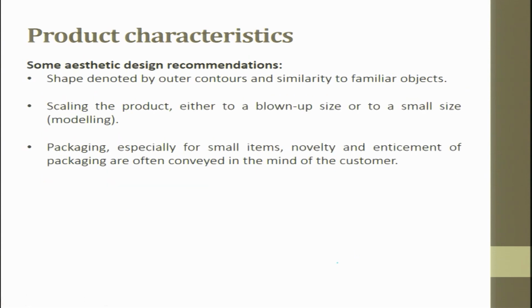Shape denoted by outer contour and similarity to familiar products. Scaling the product either to a blown-up size or to a small-size model. So, these are some aesthetic design recommendations. Packaging, especially for small items: novelty and enticements of packaging are often conveyed in the mind of the customer.